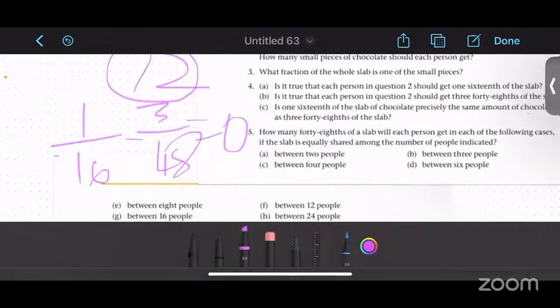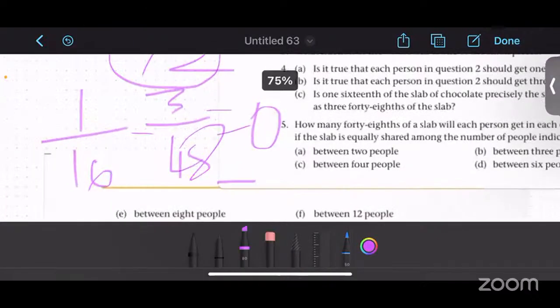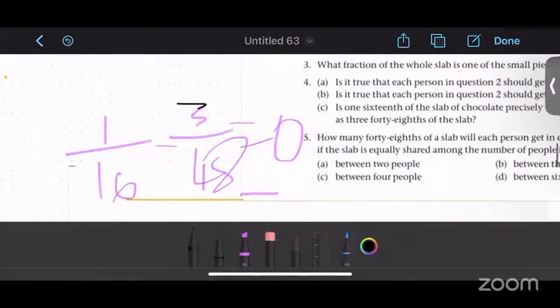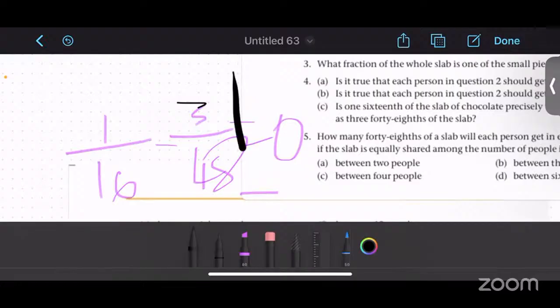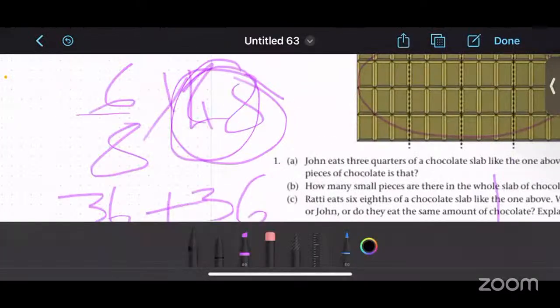If you don't get 0, then it's not correct. 0 would mean that they are the same or equal, because anything minus the same thing is equal to 0, right? Yes, ma'am. I got a 0.